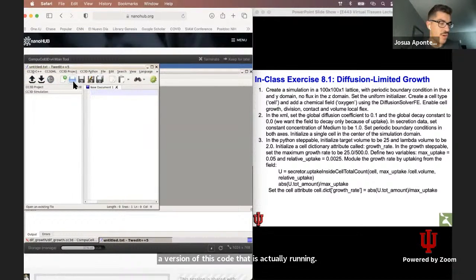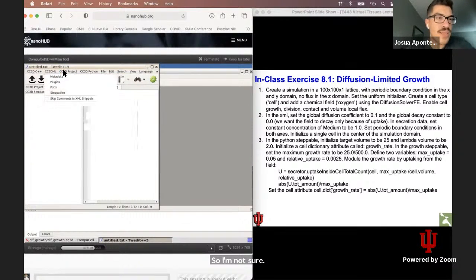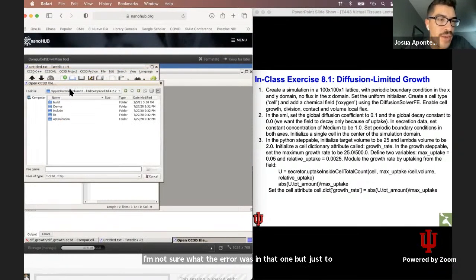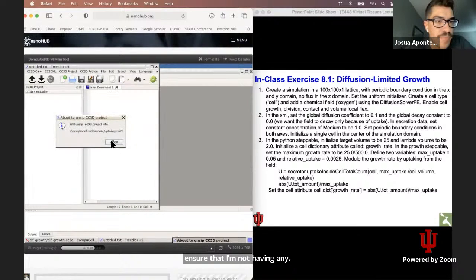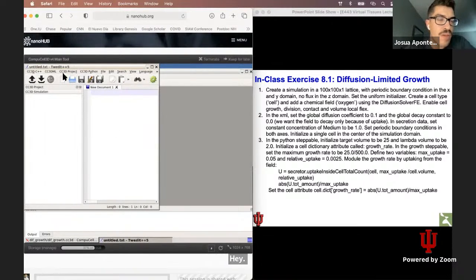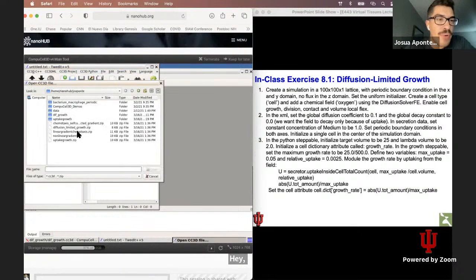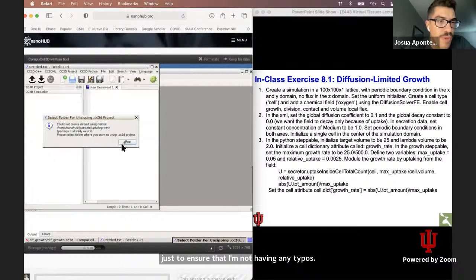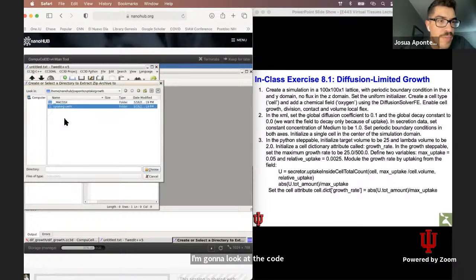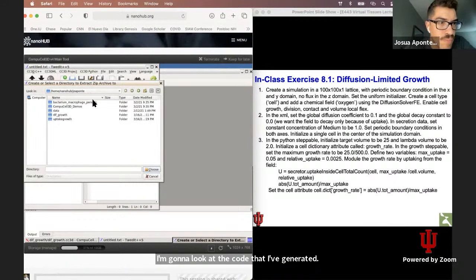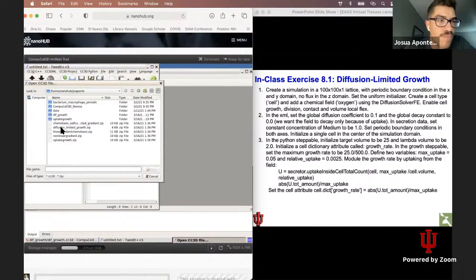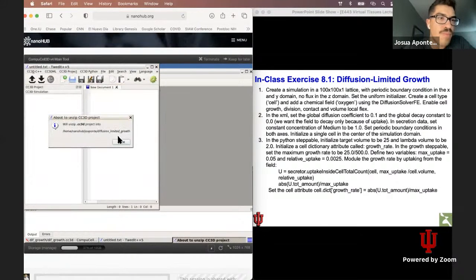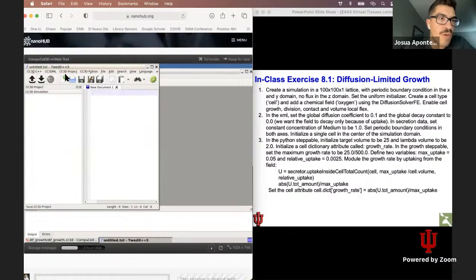So I'm not sure what the error was in that one, but just to ensure that I'm not having any typos, I'm gonna look at the code that I've generated.